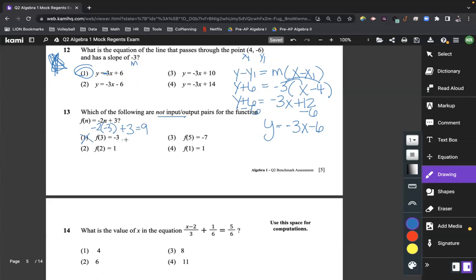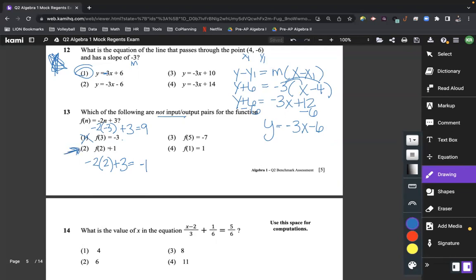And I may have kind of given the answer up right away, but I want to see it through. So -2 times 2 is -4 plus 3 equals -1. Is that right? Yeah, because -2 times 2 is -4, plus 3 is -1. This could have been it also.